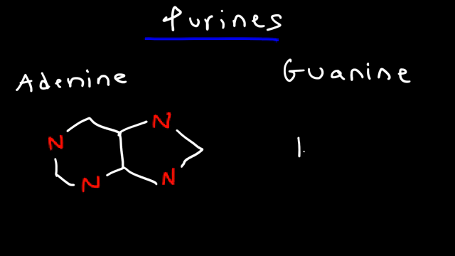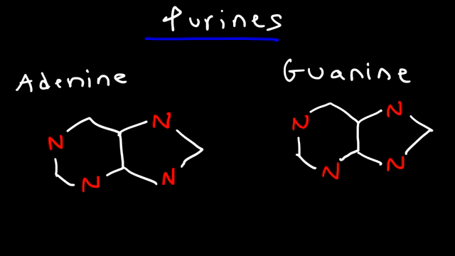So both adenine and guanine have that same structure. If you start with the base structure, it can help you remember how to draw these two purines. Both adenine and guanine have a double bond in the middle, and they have another double bond in this position and here as well.